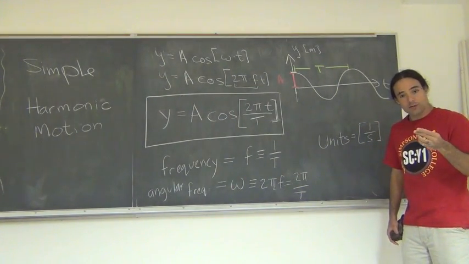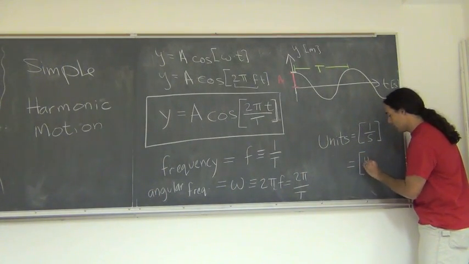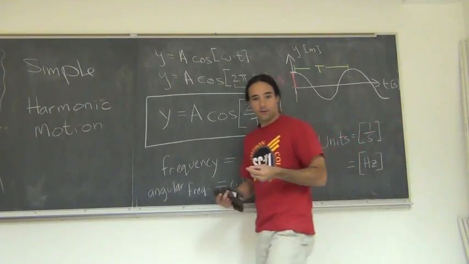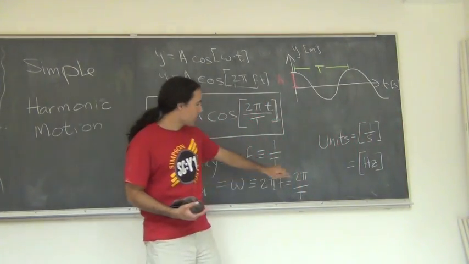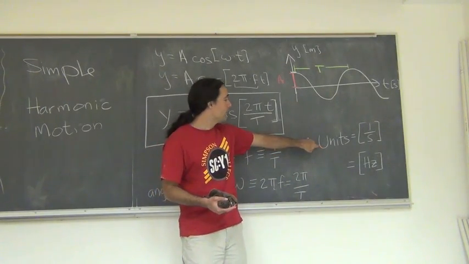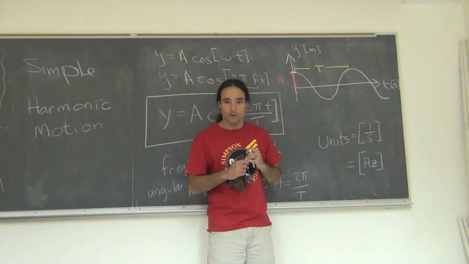But usually you don't say that. Usually what you say is that the frequency is in hertz, after a physicist named Heinrich Hertz, who did some work with frequency. So it is correct to say either 1 over seconds or the frequency is in hertz.